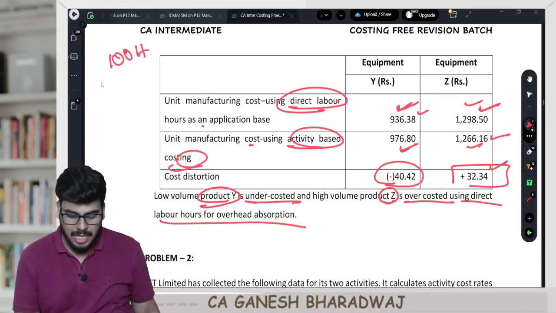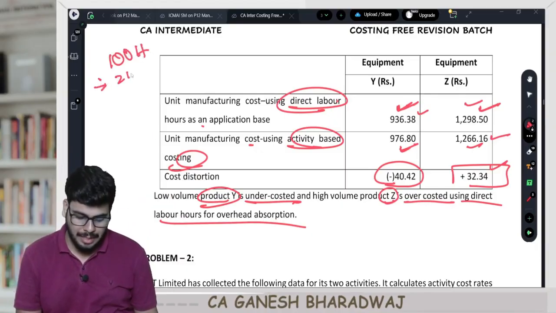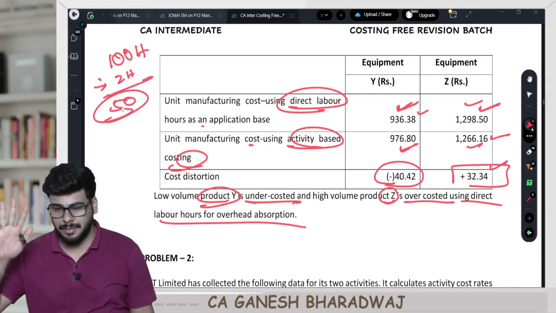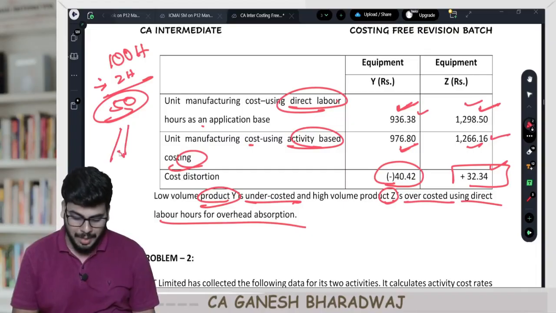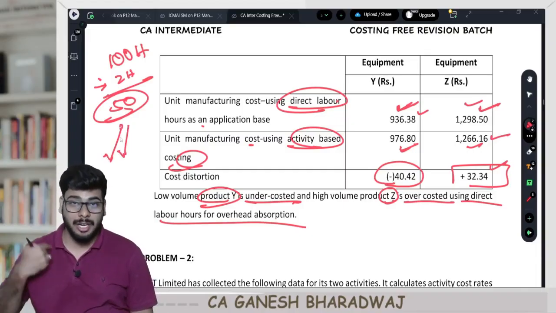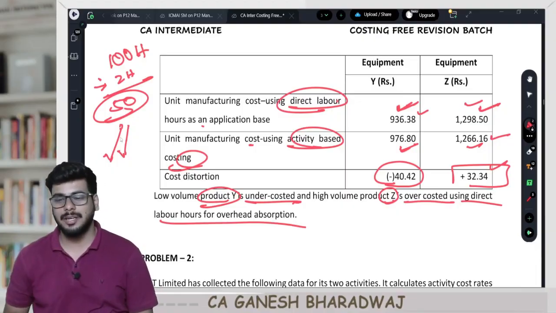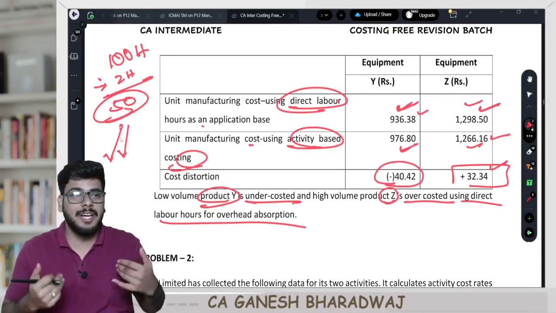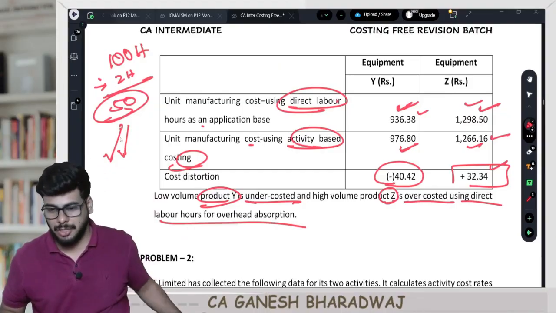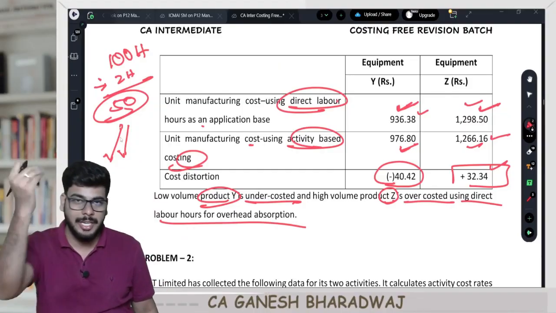If I keep a 2-hour session every day, I will be conducting the class 50 times, which means you need to come and go 50 times. Your cost is driven by the number of visits, because every time you come and go, you incur transportation costs.